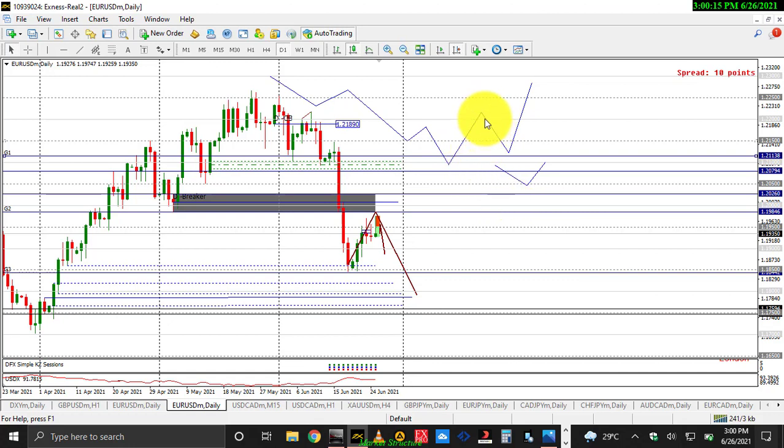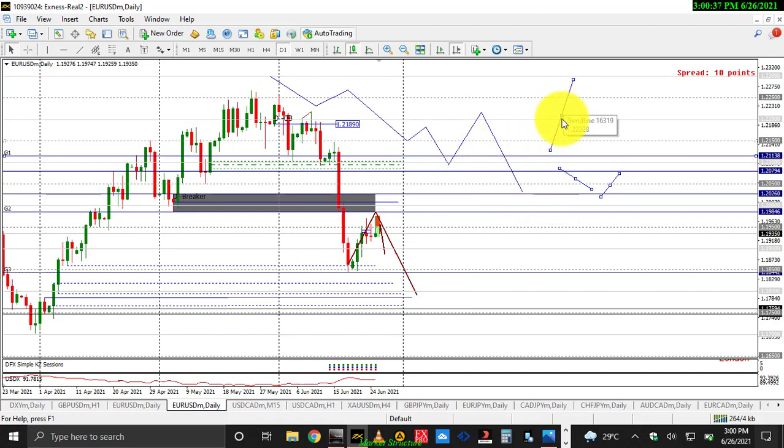We should expect the bearish stance to continue over here. Alright, so even though we made this high over here, price still came back to this side. Now price came up to take out this low, which means we are still bearish.